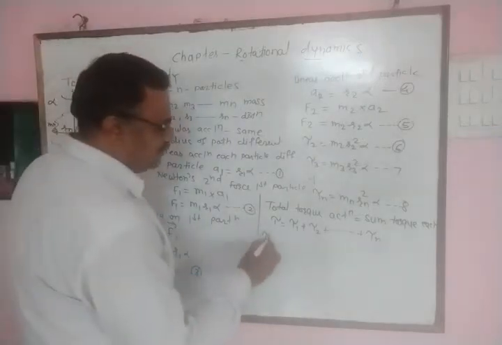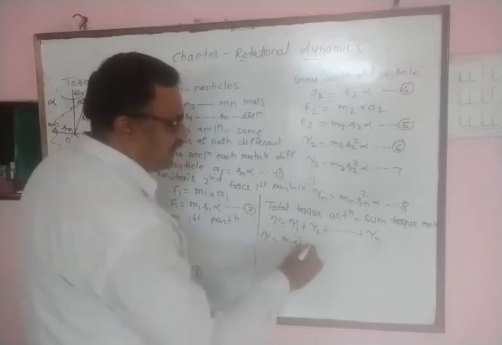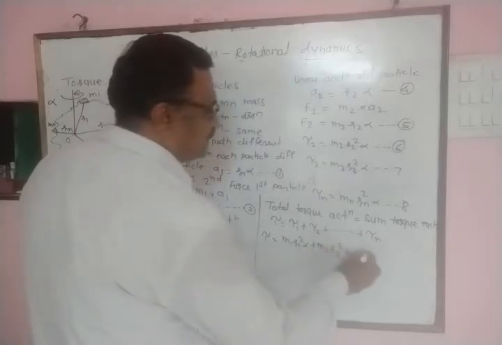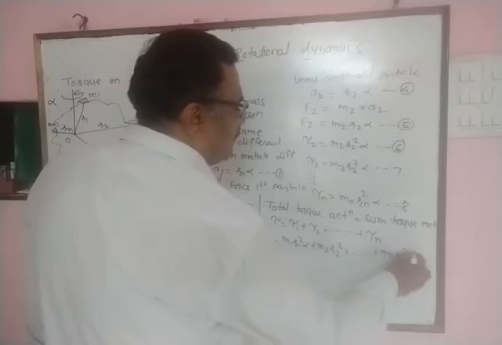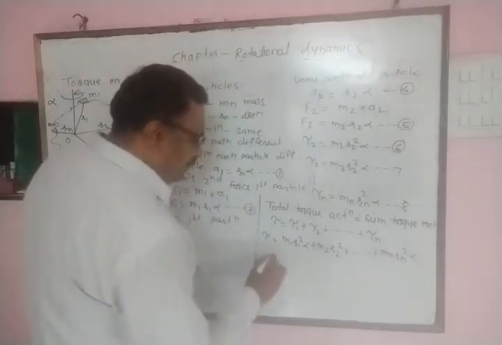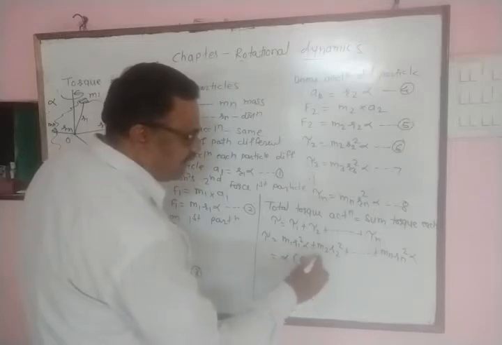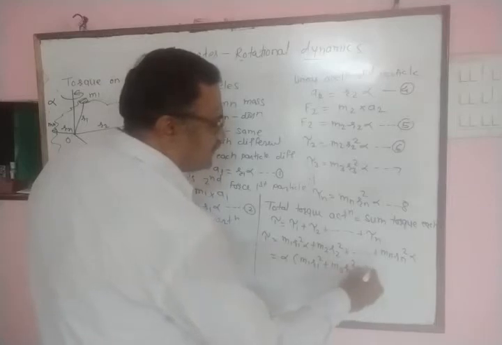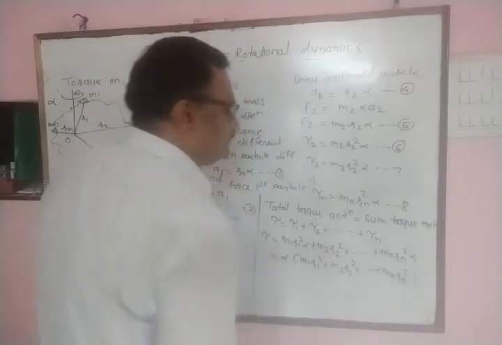Substituting value, we get m1 r1 square alpha plus m2 r2 square alpha plus and so on mn rn square alpha. Now alpha is common, therefore inside the bracket we get m1 r1 square plus m2 r2 square plus and so on up to mn rn square.